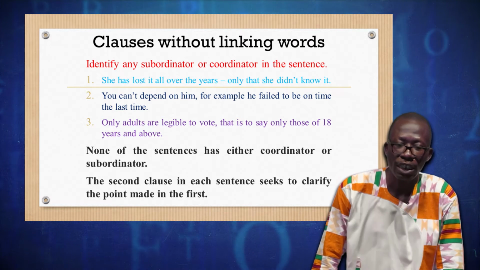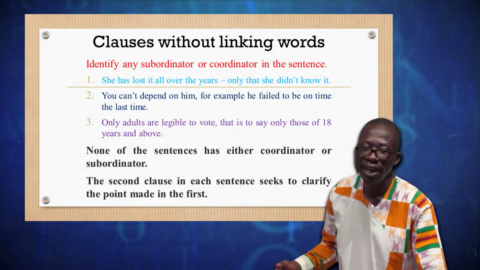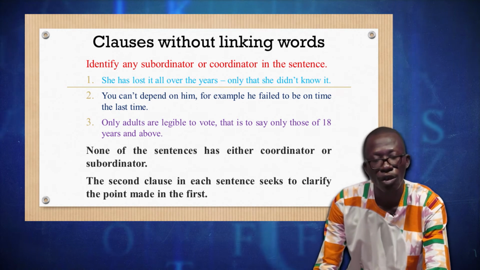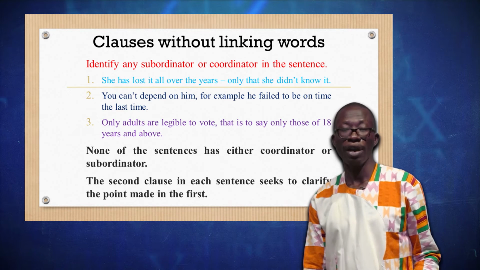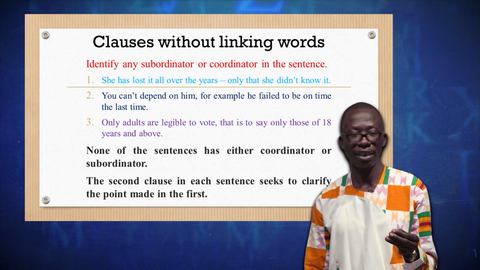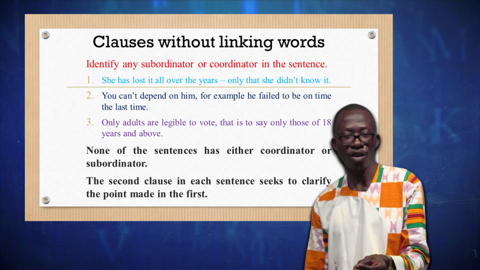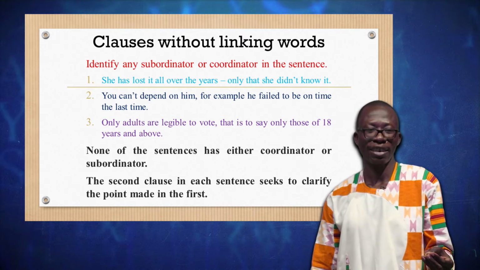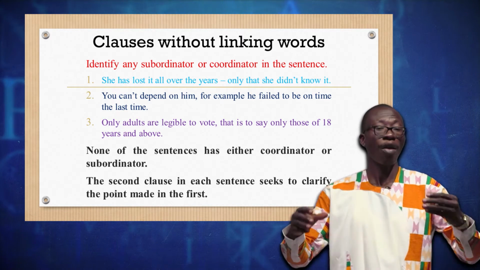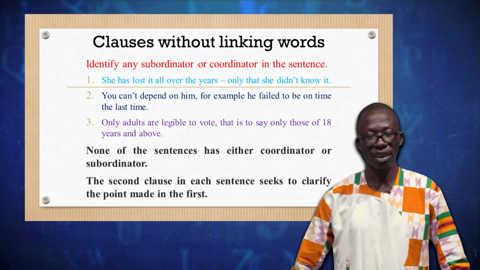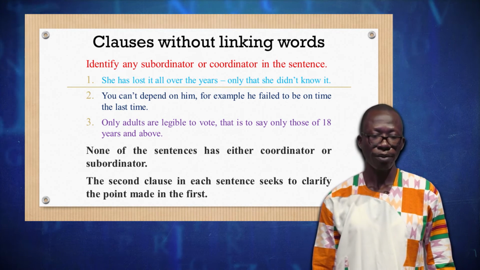So the second clause in each sentence seeks to clarify the point made in the first clause. Is that so? Yes. We realize that in each sentence, the second clause clarifies, says something to the first clause for our message to come out perfectly well.